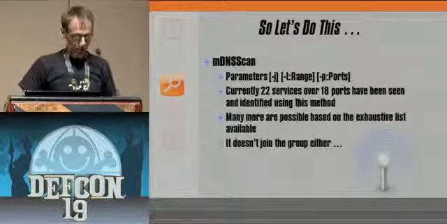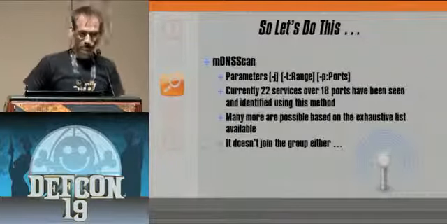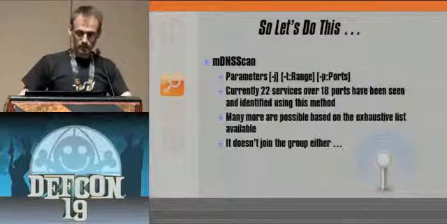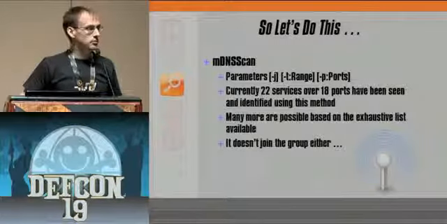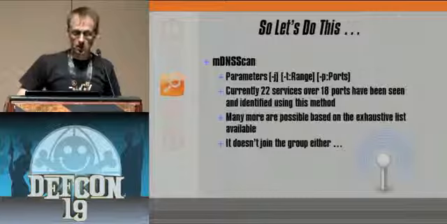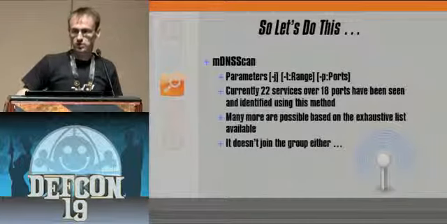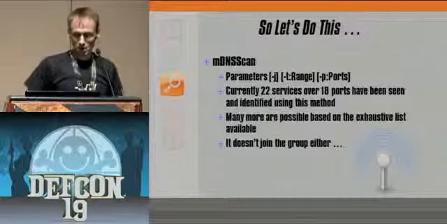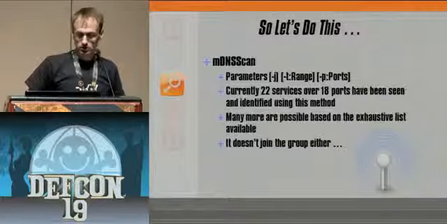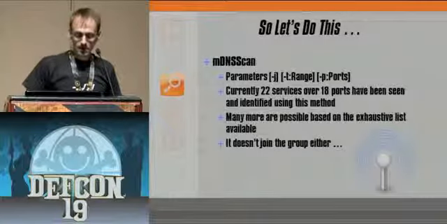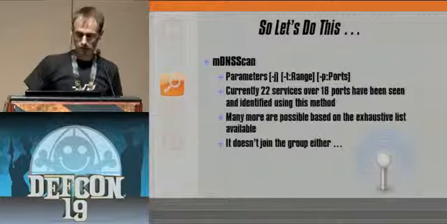Okay? So, I'm still excited and coding late into the night, and I create MDNS scan. Like any good port scanning tool, it allows you to select a range that you're interested in, as well as any particular service ports that you're interested in. Currently 22 services over 18 ports have been identified using this method.